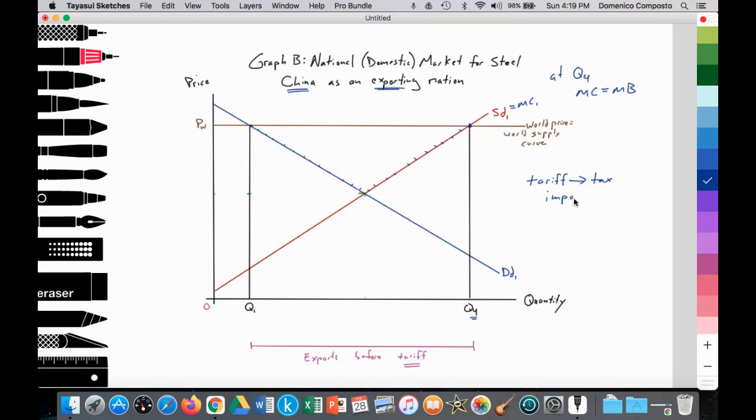And we know from a microeconomic perspective that taxes reduce the price received by the producer. Okay, and we know that taxes increase the price paid by consumers. In this case, the US consumer will have to pay more.